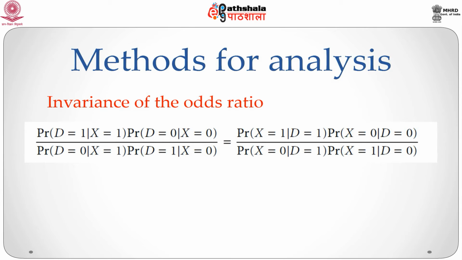The invariance follows from the fact that the odds ratio as defined for a cohort study, where we sample given X, where X is exposure, and the odds ratio from a case control study, where we sample given D, where D is disease, are necessarily the same, and this can easily be shown by an application of Bayes' theorem.